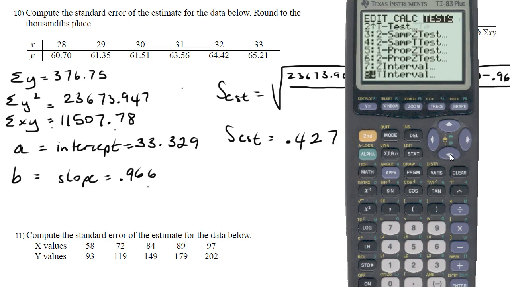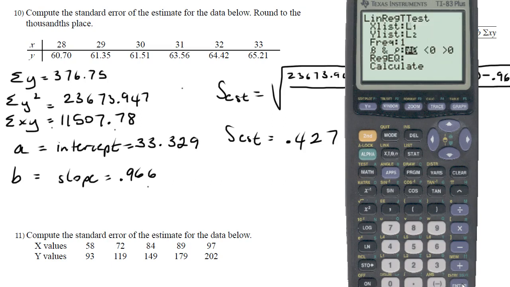And the test I want is a linear regression t-test. Now we'll cover that a little bit further down. But this is a t-test for linear regression. When we run this test, the x-list is L1, the y-list is L2. Leave everything as it is and just hit calculate.